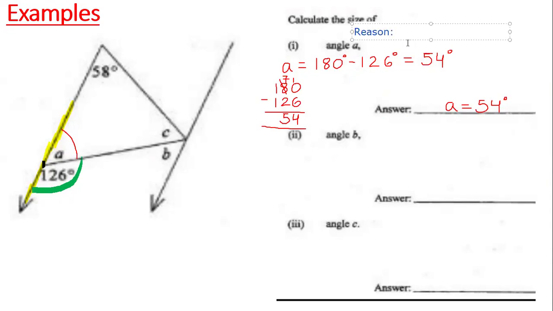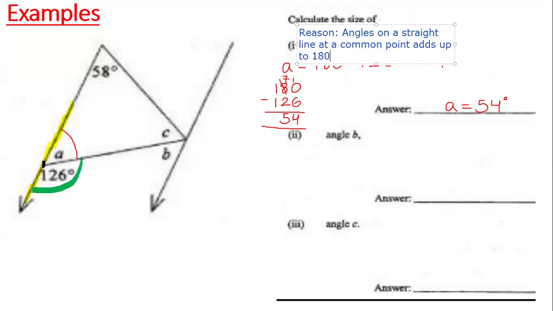Yes, write the reason right underneath. I put it on top because I don't have space, but you can put it at the bottom. Angles on a straight line at a common point add up to 180 degrees.